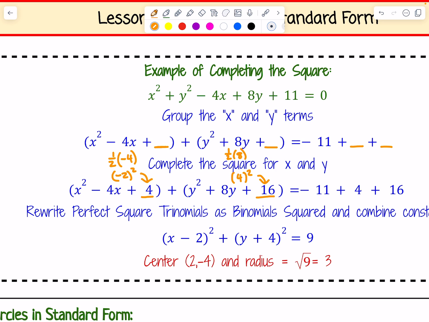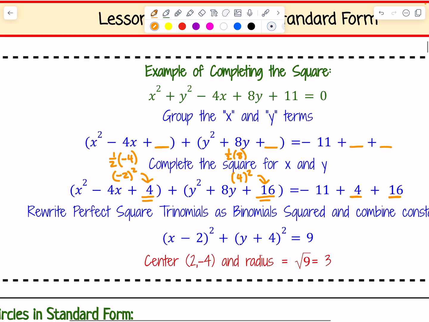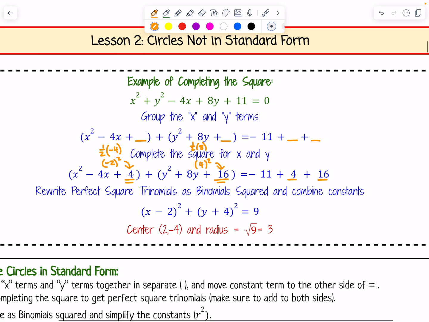So then you just want to make sure that you also add the 4 and the 16 to the other side. So that's why those are also over there on the right. And in the very next step, you can write it in standard form. So we have created what's called perfect square trinomials in math. We have one for the x and one for the y values.